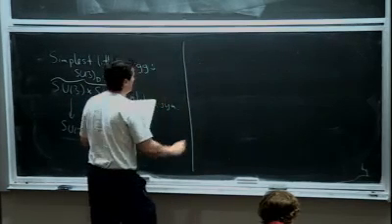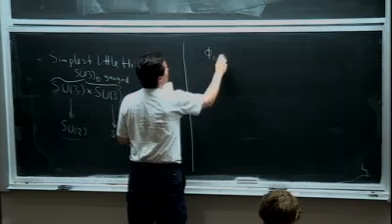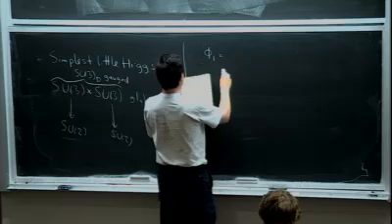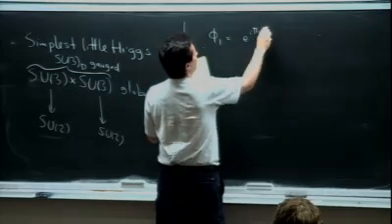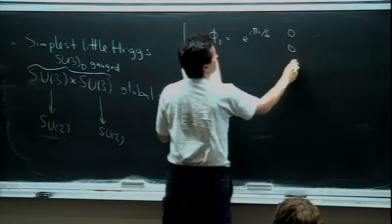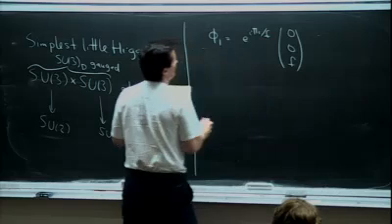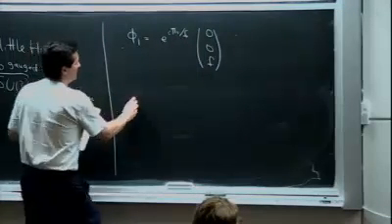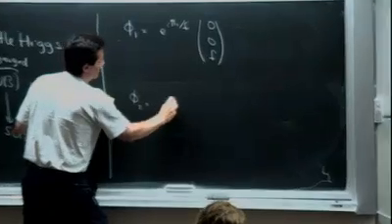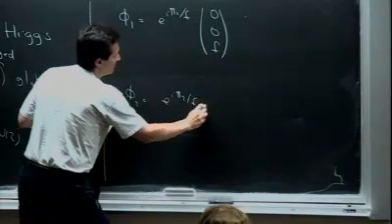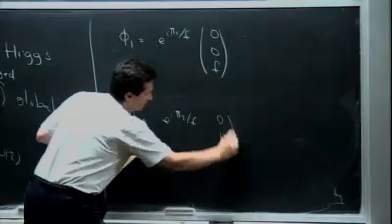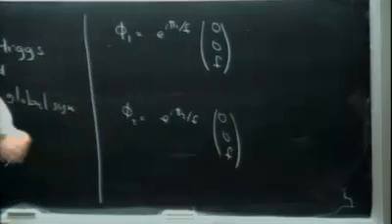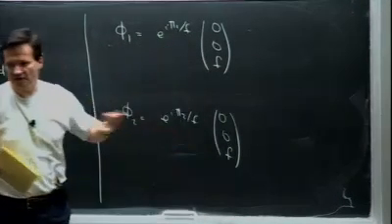So we have these 2 nonlinear sigma model fields, e to the i pi 1 over f, (0, 0, f), and, for simplicity, I took these 2 scales in the 2 breakings to be equal, e to the i pi 2 over f, (0, 0, f). Of course, you can make it more complicated. These 2 scales don't have to be exactly equal.